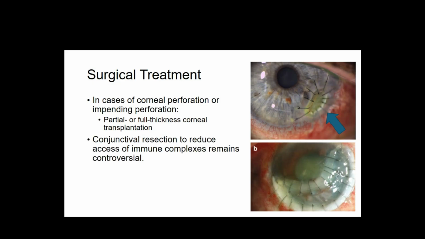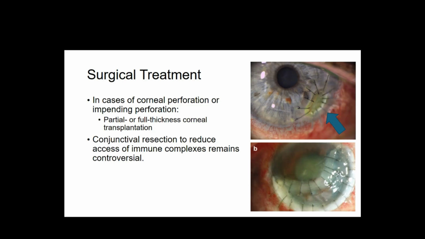Historically, resection of conjunctiva in the area of the ulcer has been used. The results are mixed. The idea was, or is actually, to prevent immune complex deposition in this area by removing the blood vessels.